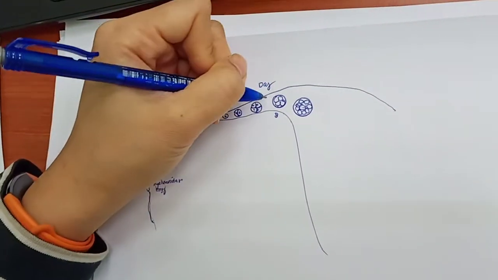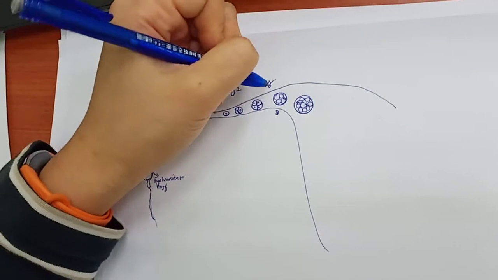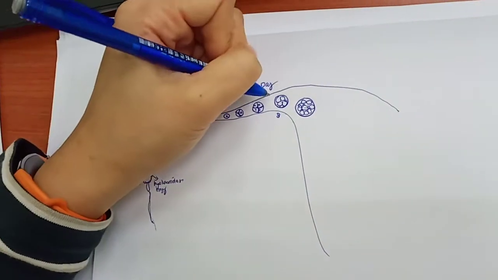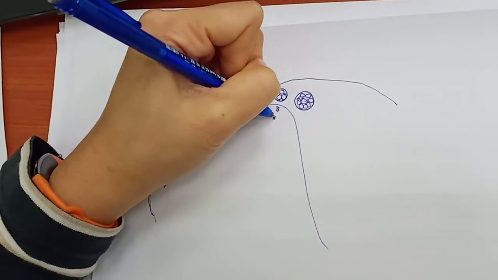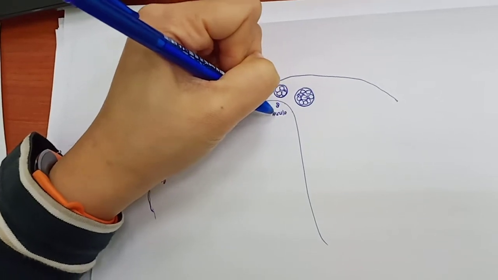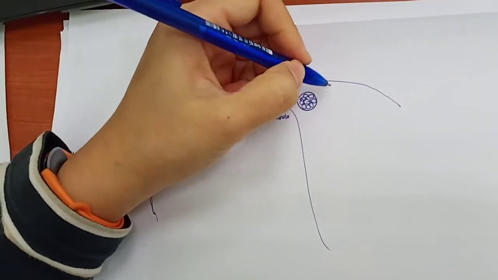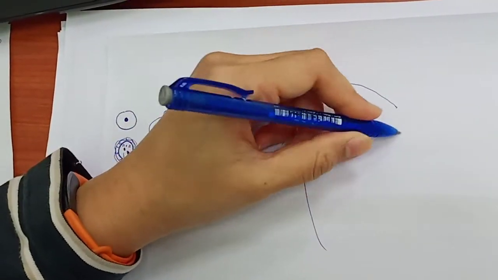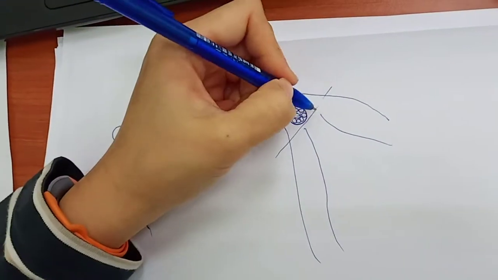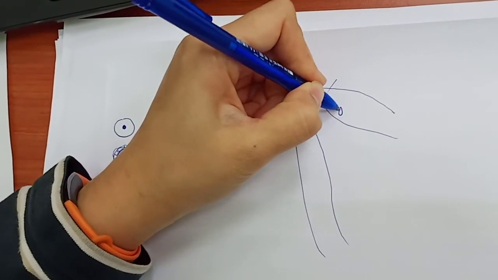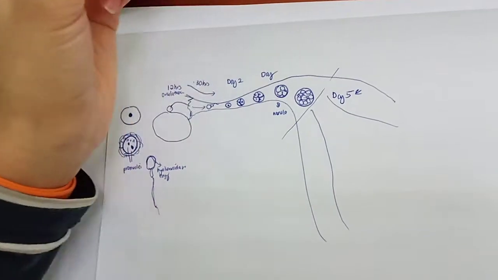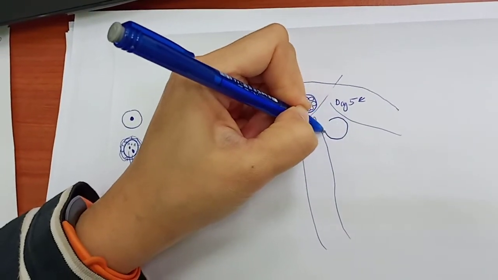So when the cells become 8, we call it the 8 cell stage or morula, early uncompacted morula. It looks like a blueberry, right? And it goes into the uterine cavity and becomes a blastocyst on day 5.